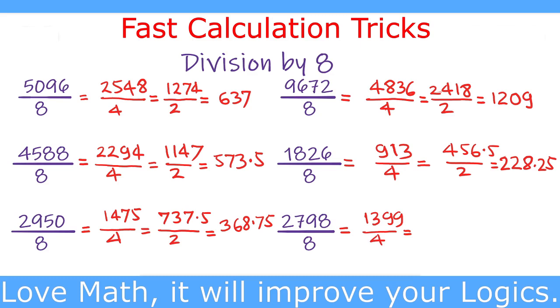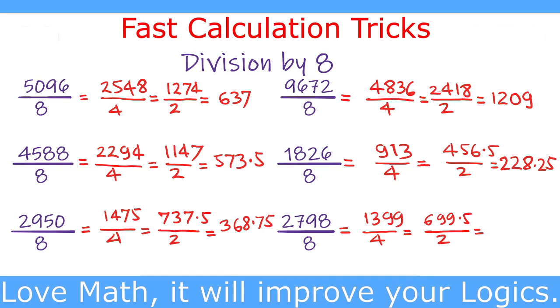So we make 1399 as 1400 and half of 1400 is 700, and we subtract 0.5 from 700. So it becomes 699.5 divided by 2. Now we further half 699.5. We make it 700.